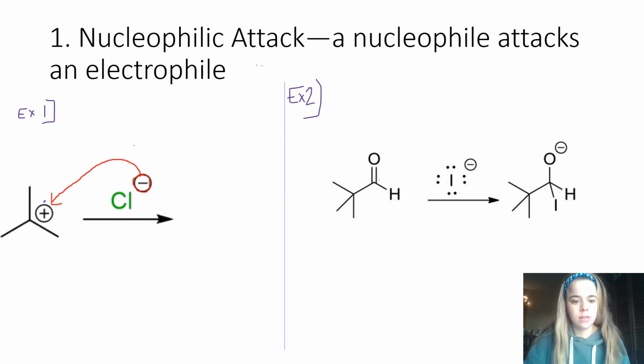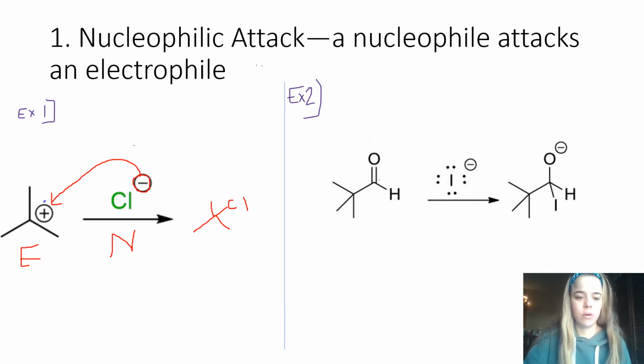Now this chlorine we can label as a nucleophile and this carbocation as the electrophile. This is going to form a new bond between the chlorine and carbon, which is common to see in nucleophilic attacks. And is what we want because chlorine is more happy with 4 bonds.